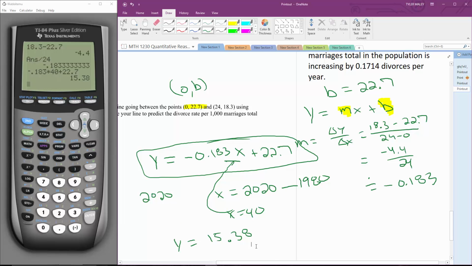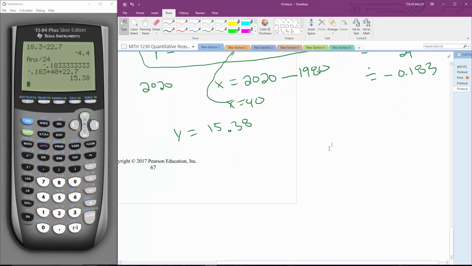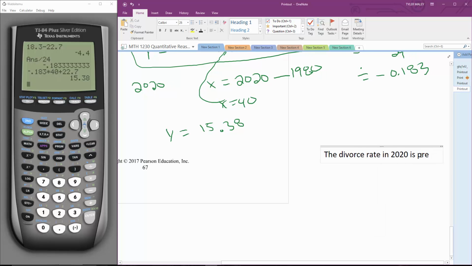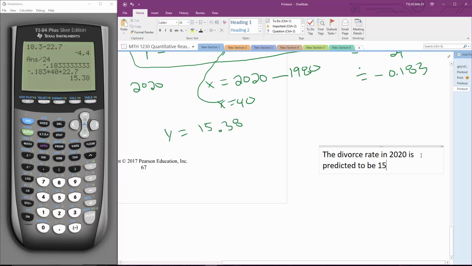So, in other words, we could interpret this as a sentence, right? So I make the font larger. So I can say the divorce rate in 2020 is predicted to be 15.38 divorces per 1,000 marriages in the total population.